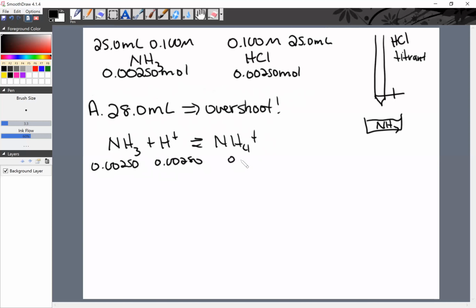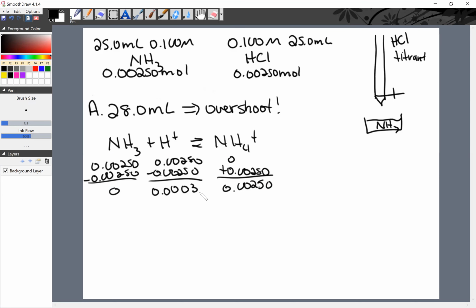Do I have enough base to sop up all that acid? Oops, no. So I'm going to use up all my base, and I'm going to have some excess strong acid. Okay, I am not buffered. Don't care about the weak.